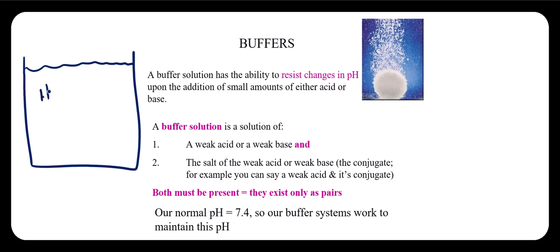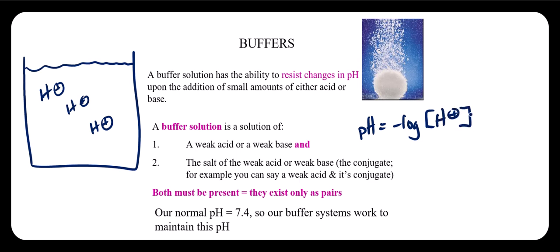And I have some hydrogen ions floating around here. Remember, pH is the negative log of the molar, not attached to anything, hydrogen ion concentration. So pH is based on how many hydrogen ions I have floating around, not attached to anything.